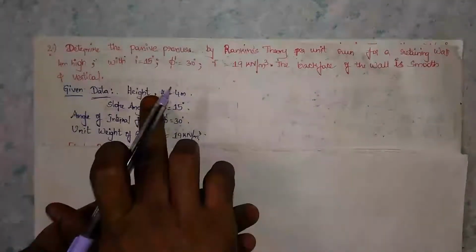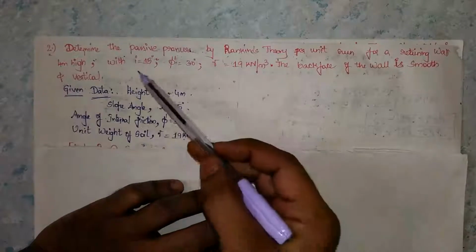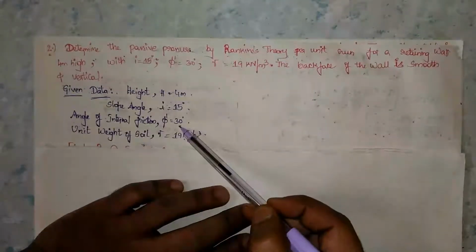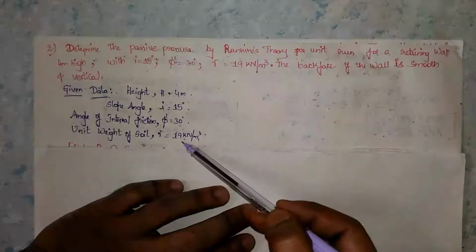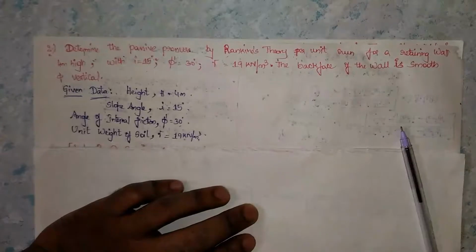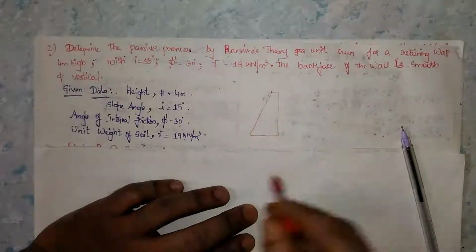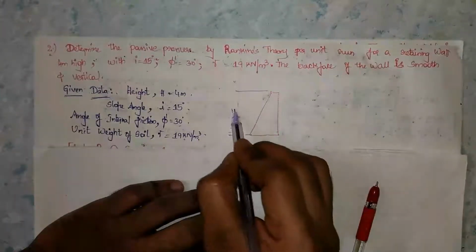He has given height h equals 4 meters. Next, slope angle i equals 15 degrees. Next, angle of internal friction phi dash equals 30 degrees. And next, unit weight of the soil is 19 kilonewton per meter cube. So draw the sketch here. Height is 4 meters.